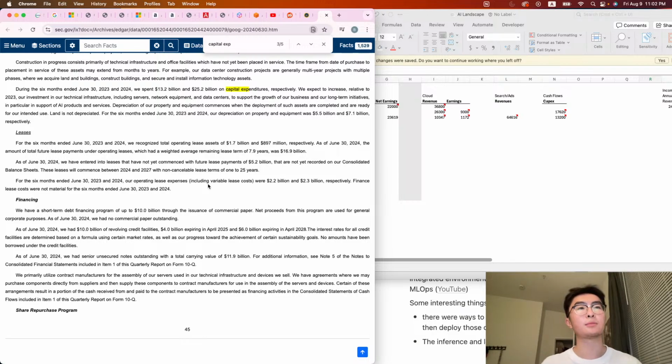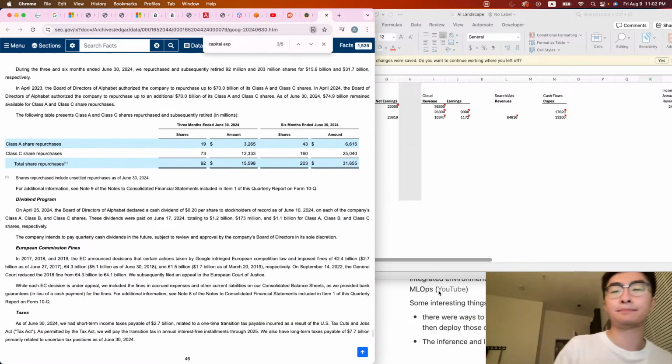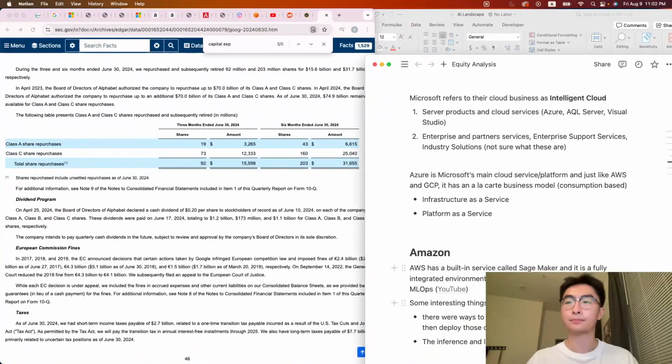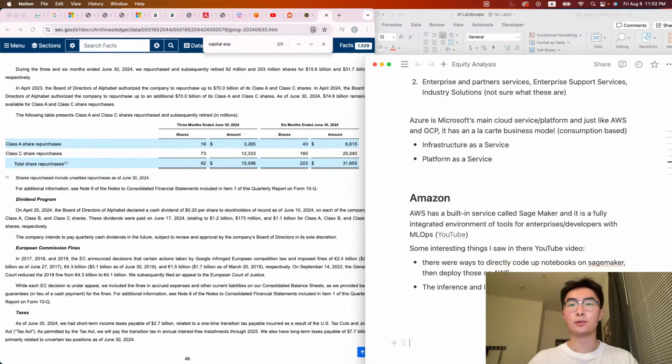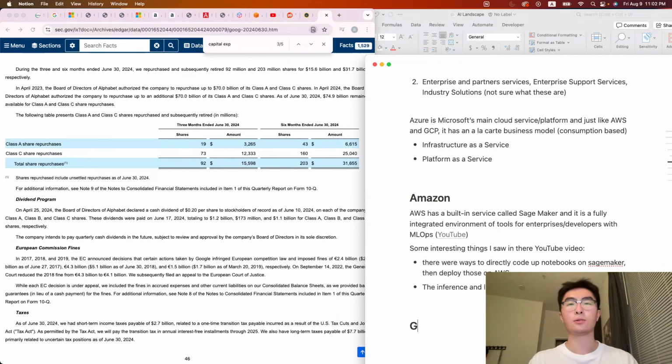Our operating lease expenses, including variable lease costs, $2.3 billion. It's not as bad. Okay, so slash heading 2, so Google, Alphabet.